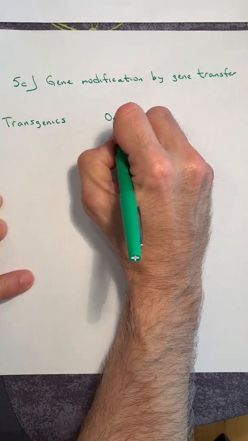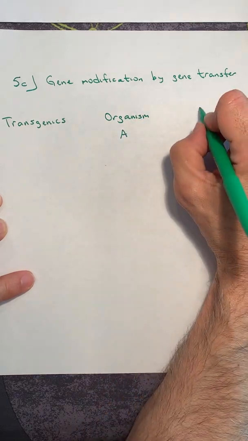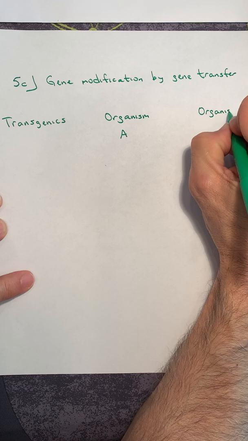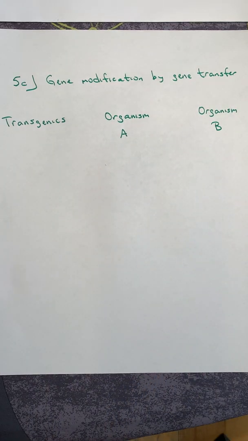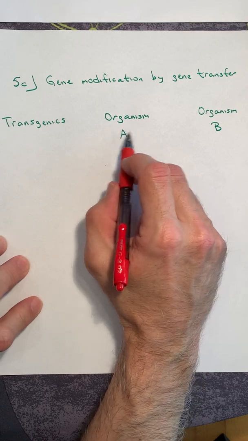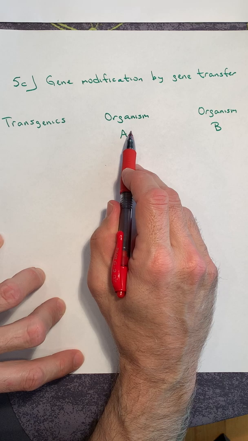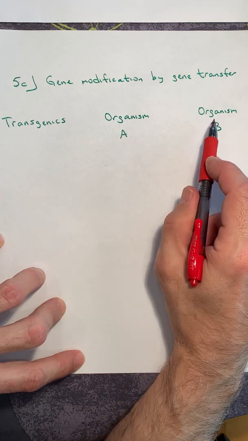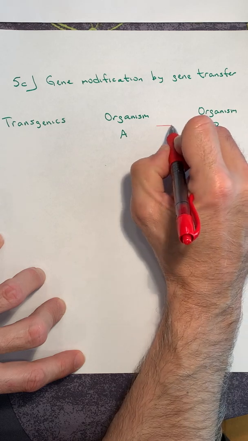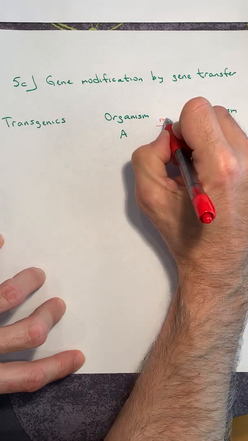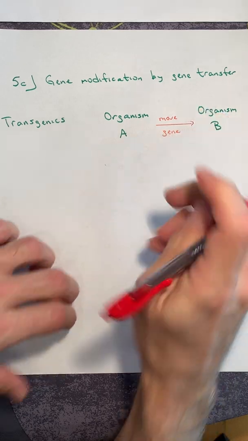So what you have is organism A and organism B, and there is some gene that is carried and expressed in organism A, and you want that expression to occur in organism B. So how do you get genes to be expressed here? You simply move them. You isolate them and then introduce them into the second organism.